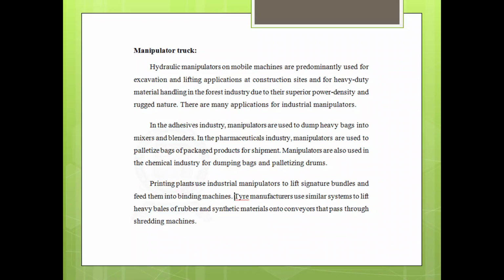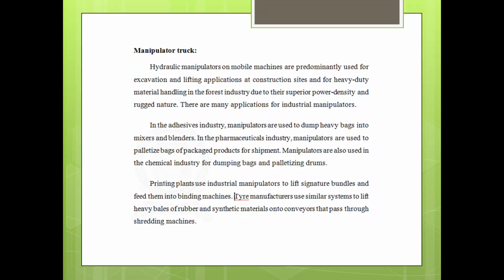Manipulator truck. Hydraulic manipulators on mobile machines are predominantly used for excavation and lifting applications at construction sites, and for heavy duty materials handling in the forest industry, due to their superior power density and rugged nature. There are many applications for industrial manipulators. In the adhesives industry, manipulators are used to dump heavy bags into mixers and blenders.